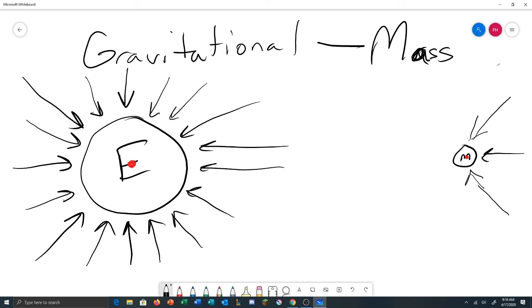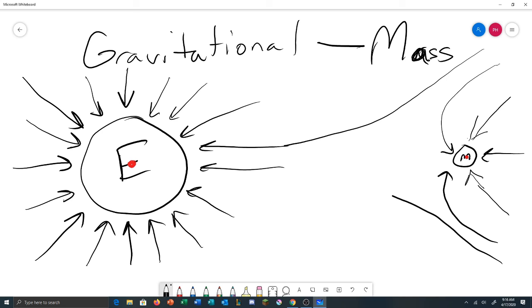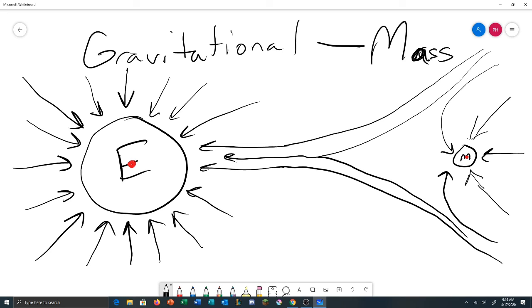But as it goes around the moon, it'll actually look like this. Because once you get to a certain point, it will actually pull towards the Earth instead of towards the moon.